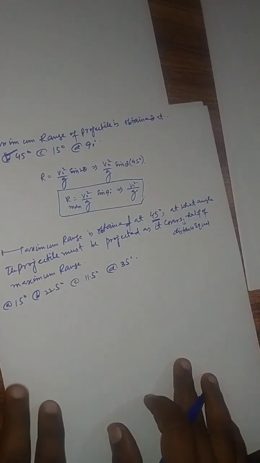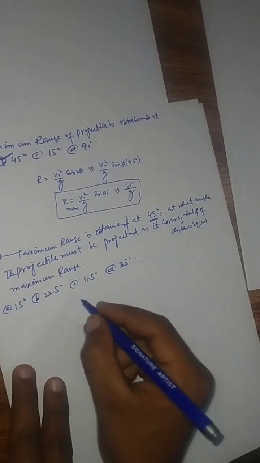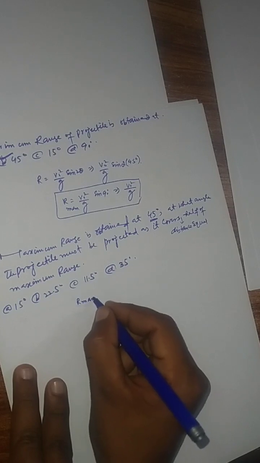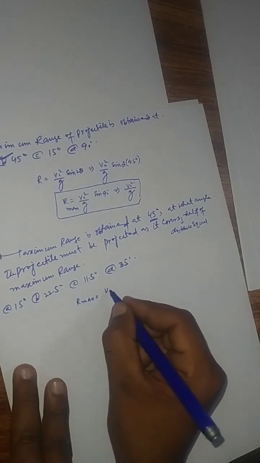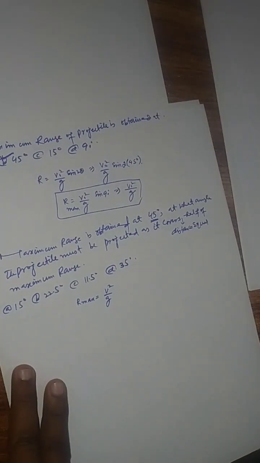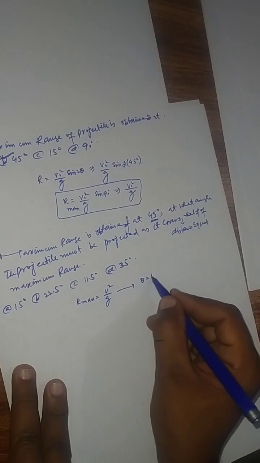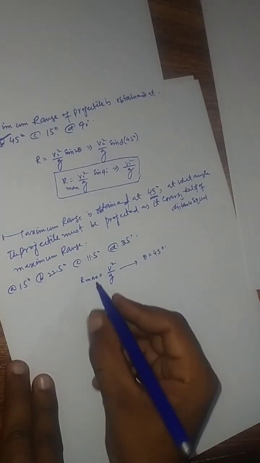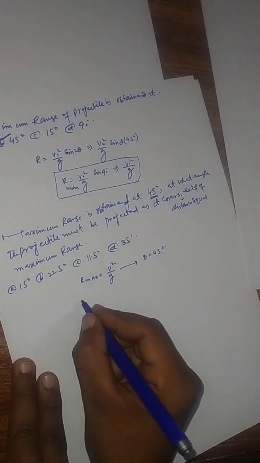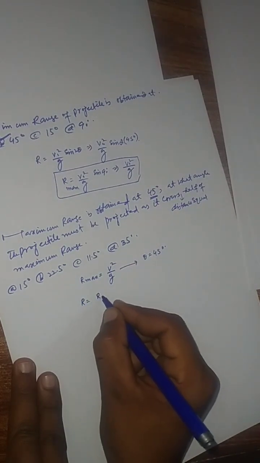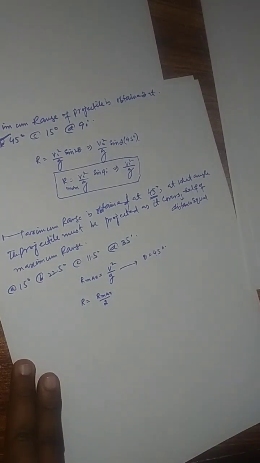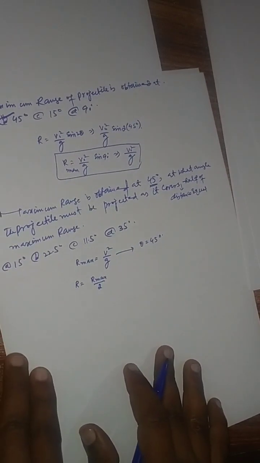For that, in the data we have R maximum at 45 equal to v square over g. This is the maximum range whenever the angle is 45, and we have the given distance R equal to half of the maximum range. Okay, this is the condition.